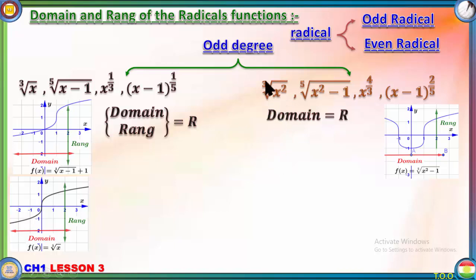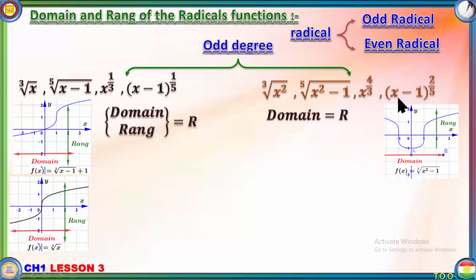Then this one starts from 0 to positive infinity. The second one, when we make x squared 0, then it is 0, remaining minus 1. Therefore, the range begins from minus 1 to positive infinity.